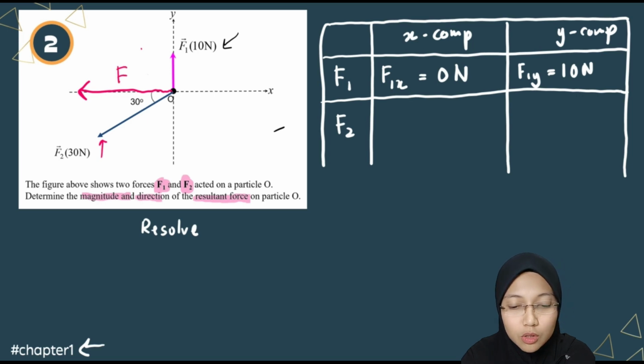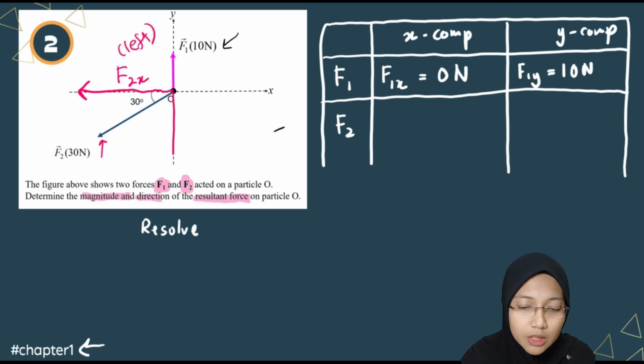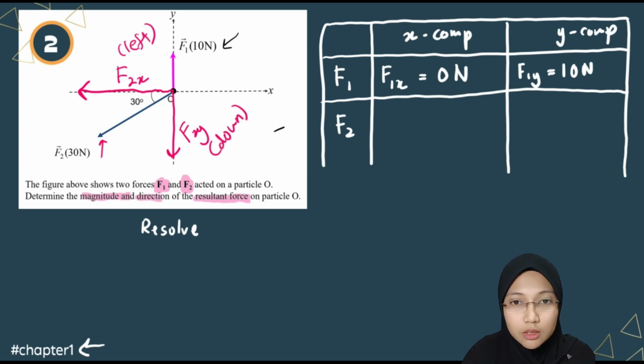So this is going to be your F2x directed to the left, and this is going to be your F2y directed downward. When it is directed to the left or downward, it is negative in terms of sign convention. So you have to put the negative sign here. For your F2x, it is going to be negative.